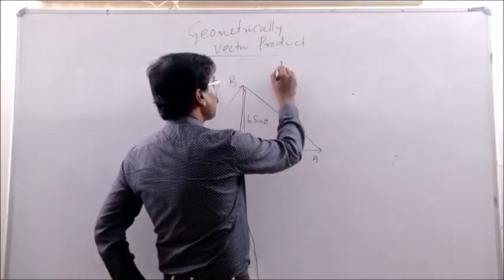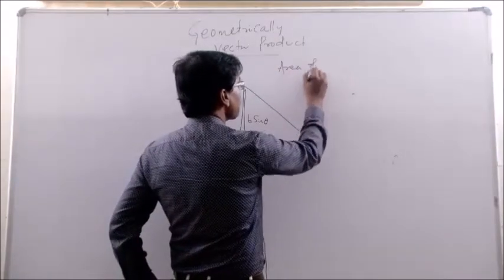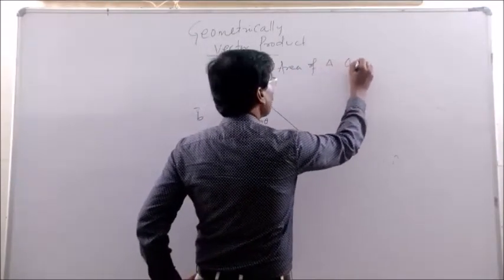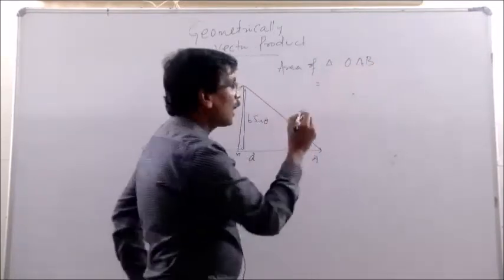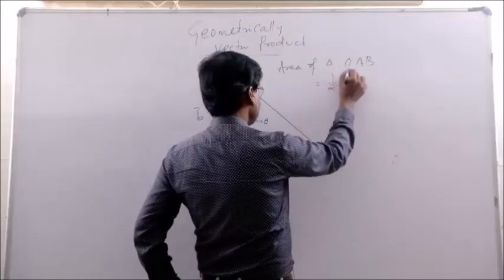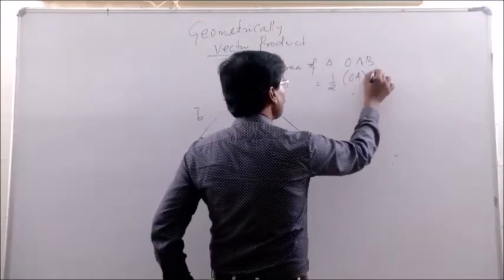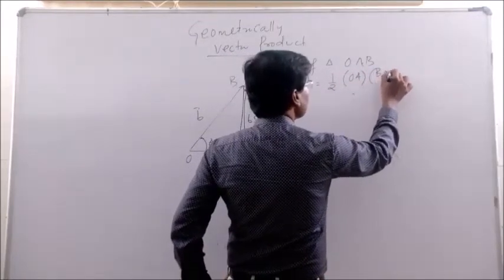Now, we join A and B. So, area of triangle OAB is equal to half base, that is OA, into magnitude BM.